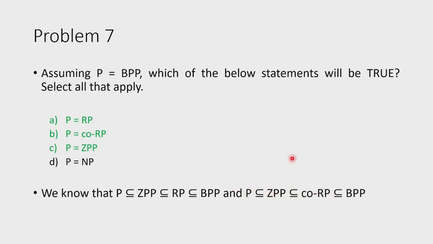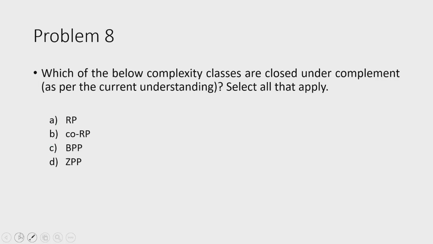So you have P equals co-RP, which gives you B. But as of now, we don't know anything about the implications of P equals BPP on the P equals NP question, so we can't say anything about that option. The next problem is, which of the below complexity classes are closed under complement as per the current understanding? Select all that apply: RP, co-RP, BPP and ZPP. So what's the answer to this one?